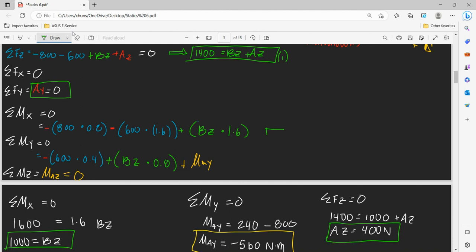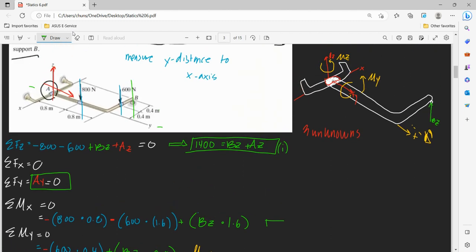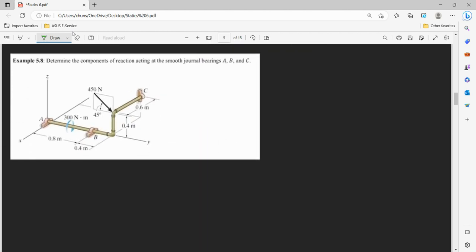Right, and there are all of our answers, which are highlighted in green boxes. So we have 1, 2, 3, 4, 5 unknowns that we developed in this example. Okay, I will be more careful with the next one about moments.